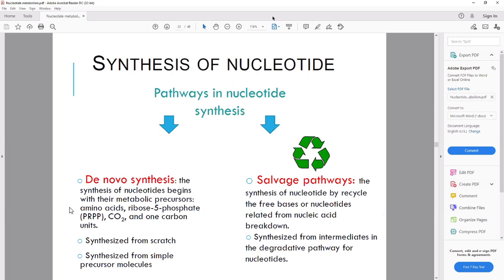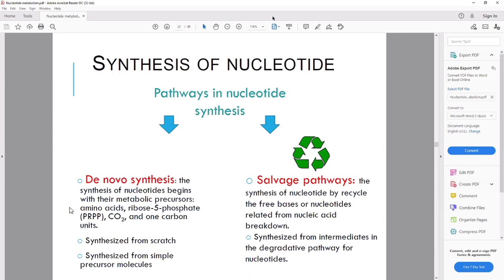I think it can happen spontaneously. One important thing is to maintain our nucleotide level, and also to help balance the uric acid concentration.